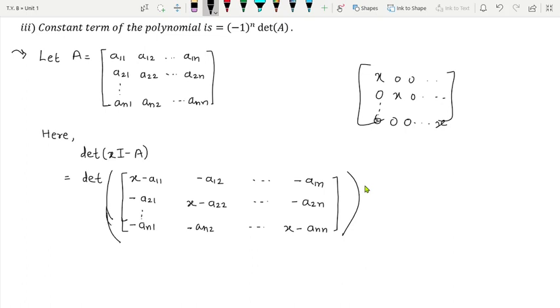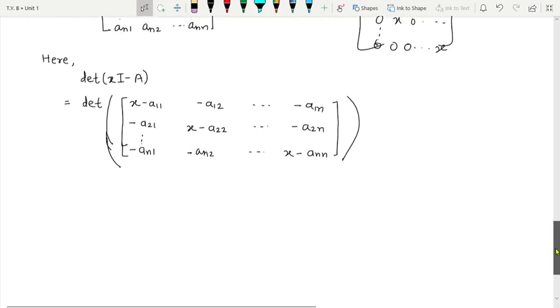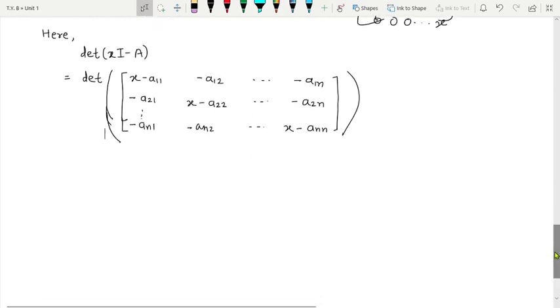So what will be the determinant of this matrix? So we have to use our usual method. So I will find the determinant with the help of first row. You know, determinant can be found with the help of any row.